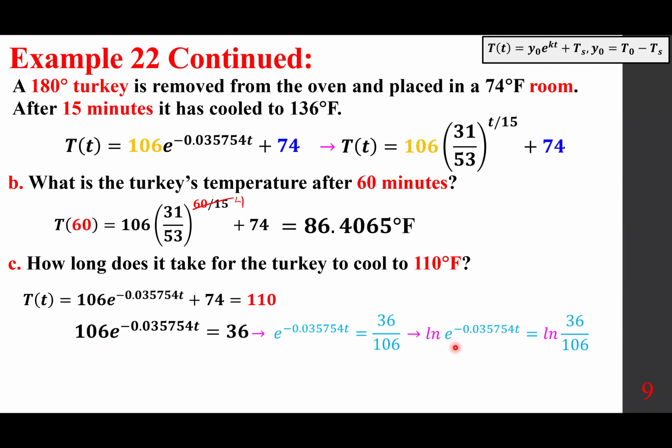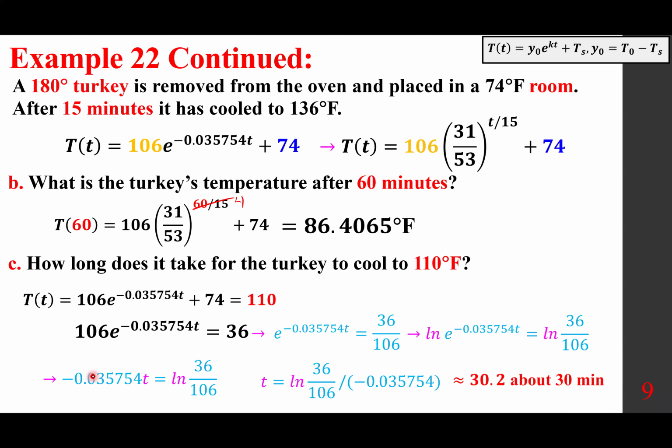And if you have the natural log of e, then they undo each other and we get just the exponent. If you divide by this coefficient, it becomes the t. Put it into a calculator, maybe with one decimal or so, 30.2 or about 30 minutes. And again, as far as the number of decimals, you always follow what they ask you.